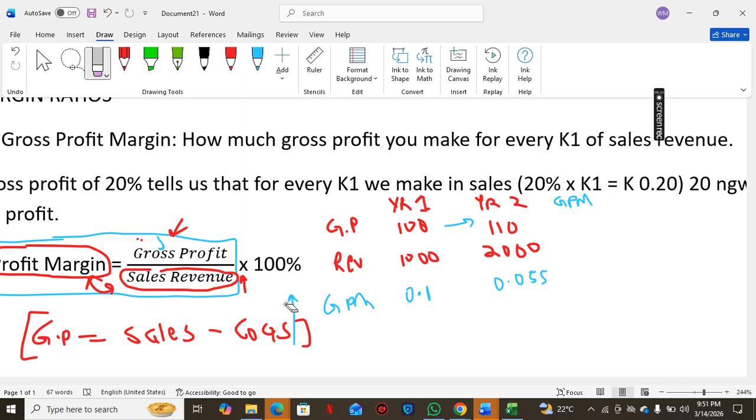So when you're analyzing this ratio, these are the angles you need to look at. Find out the growth of the sales revenue versus the growth of the gross profit.